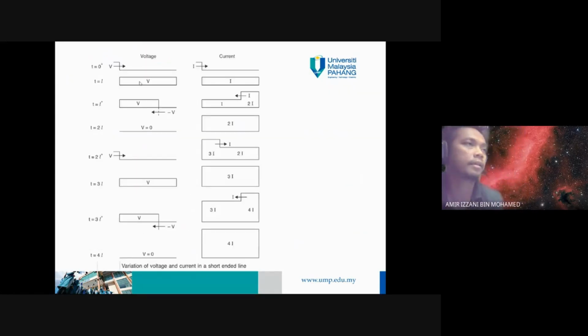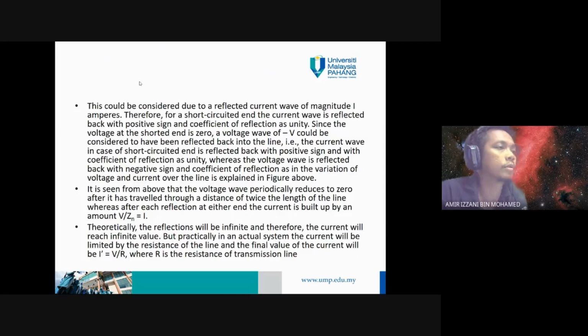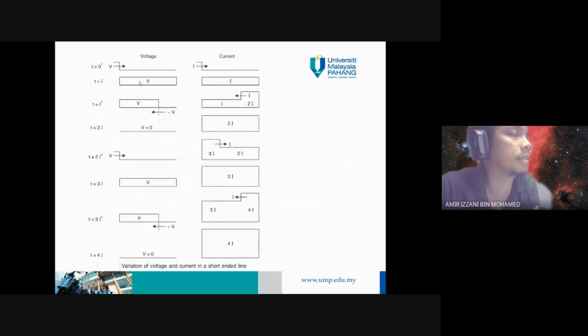And the transmission wave will follow similar traits as in open circuit condition.